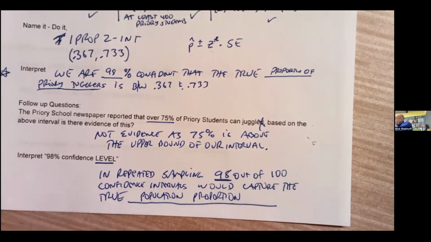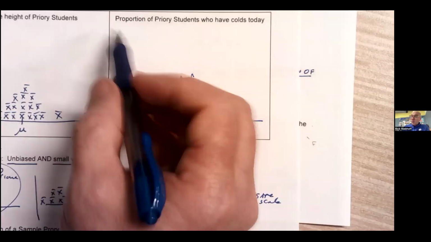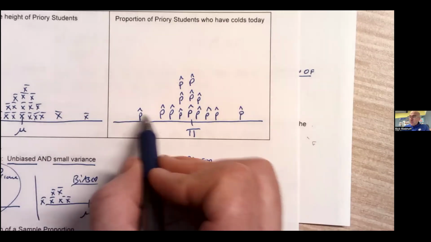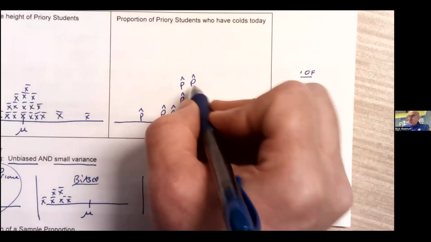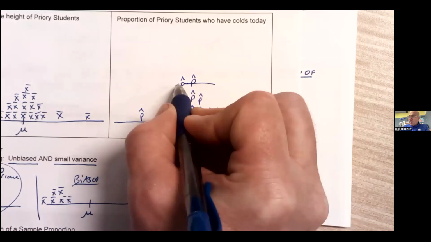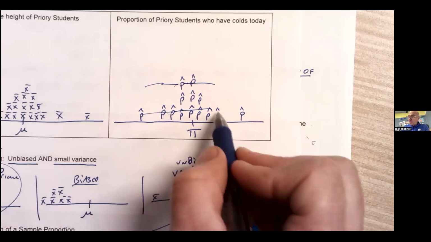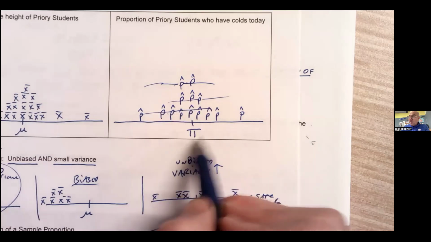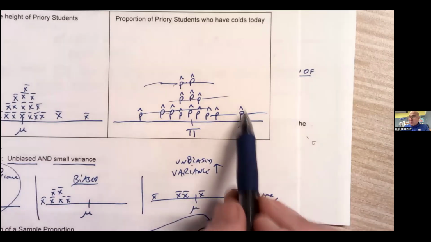And that goes back to our picture from up here. If each one of you went out and found what proportion of Prairie students have colds today, and you all created little confidence intervals based on what you got, most of you would capture it. If we look at this one and gave it a margin of error, that one captures it. But this person over here wouldn't have caught it. If this isn't bias, this is just sampling variation.